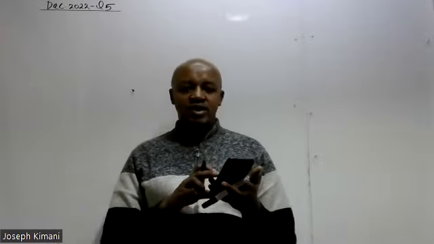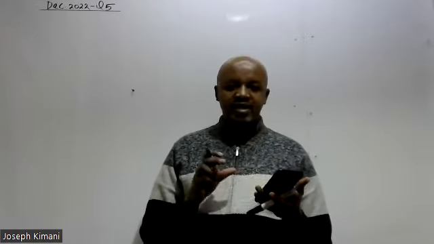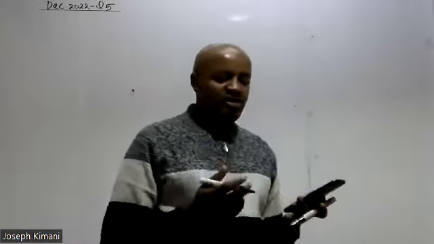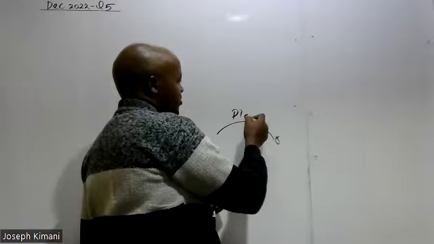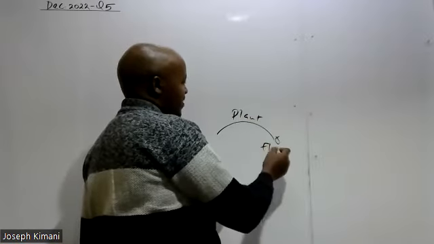So basically what you're told in point number 1 is that this company acquired a plant, or basically this company bought a plant. And that plant, we are told it was bought from a finance company.